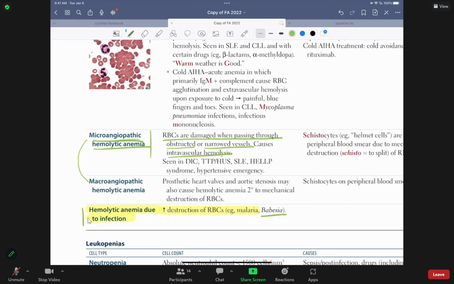All right. Now, we've seen it in DIC. We've seen it in TTP. Why do we see it in TTP? What are the two important things we need to diagnose TTP? Type it up. Two criteria to diagnose TTP.